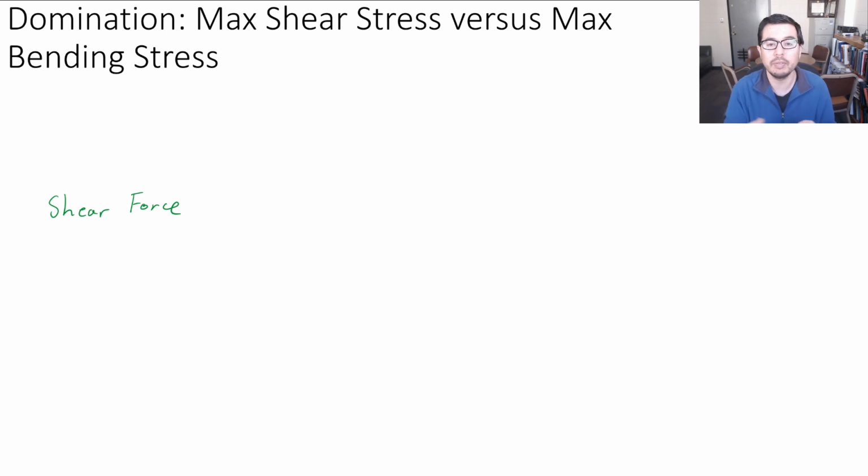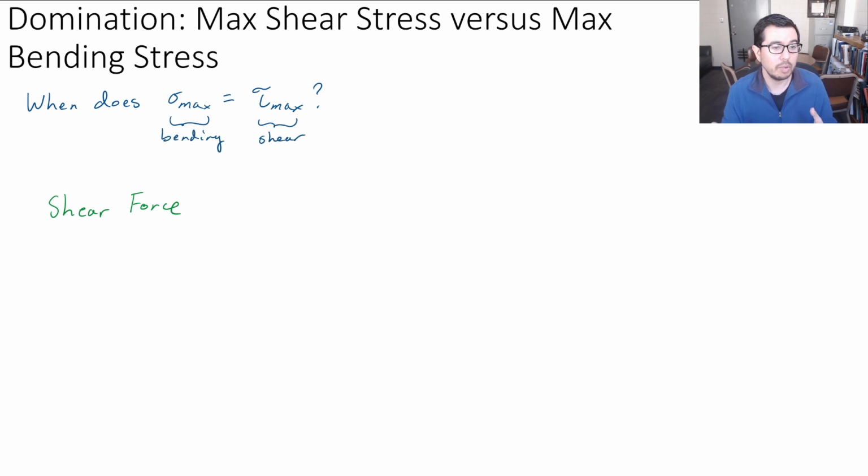We could have done half, but we're going to ask how the maximum bending stress compares to the maximum shear stress. We're going to look at a situation where we have essentially a double shear configuration, or 3-point bending if we're looking at a beam.